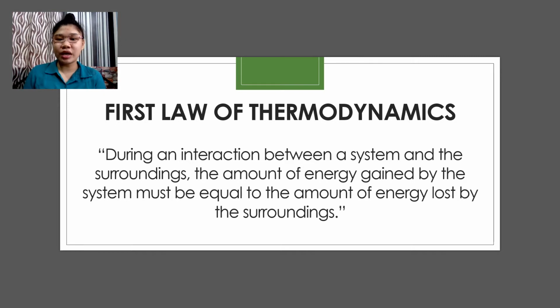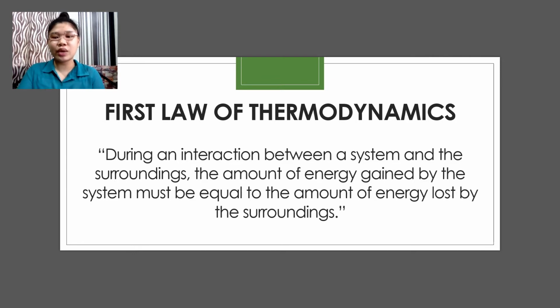Again, the amount of energy gained by the system must be equal to the amount of energy lost by the surroundings. So if you remember, earlier I mentioned that the first law of thermodynamics is almost the same as the conservation of mass and energy. And as you can see here, the law mentions a system and surroundings.